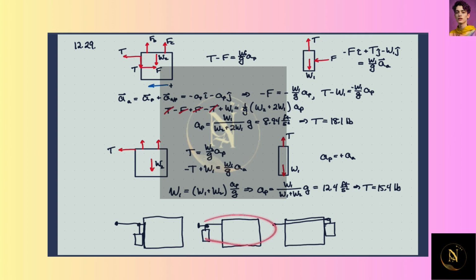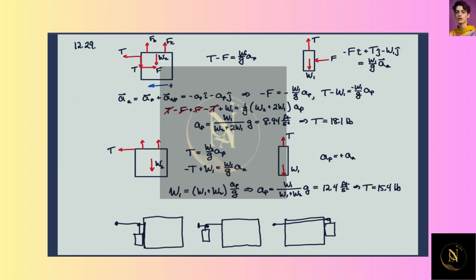Now this case is a lot easier because we don't have any contact here. So in the x direction here, we have T equals the mass times the acceleration of the panel. For this guy, we just have minus T plus W, its weight, equals the mass times the acceleration of this block.